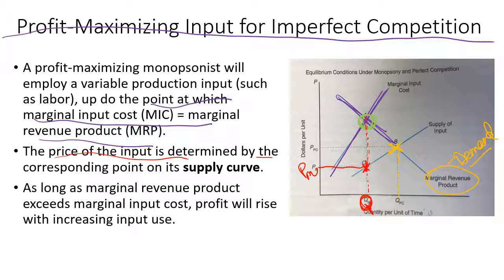The quantity that we would be producing is here, and the price that we would be charging is here. So in this situation, we are charging less money and we are producing less product than we would be in perfect competition in this particular situation.